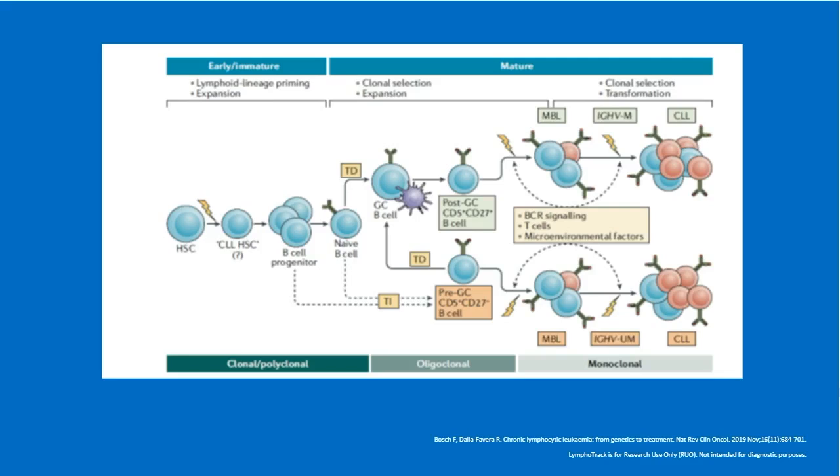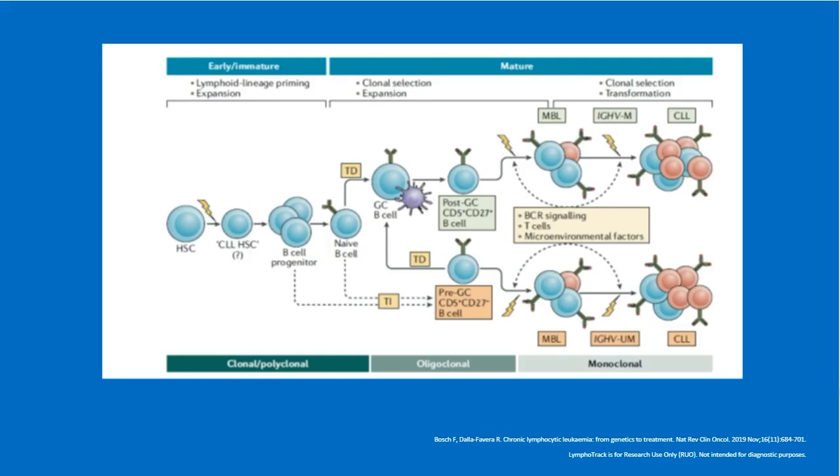The cellular output of these lesions could be a polyclonal expansion, and additional antigen stimulation can lead to oligoclonal selection and expansion of these mature cells. Then, with exposure to the antigen, they may go through post-germinal center processes. So these cells are CD5 positive and CD27 positive.